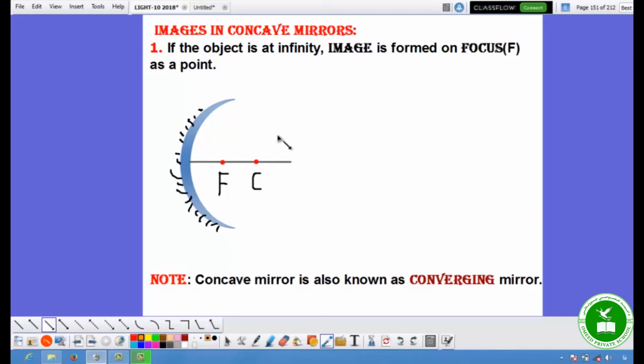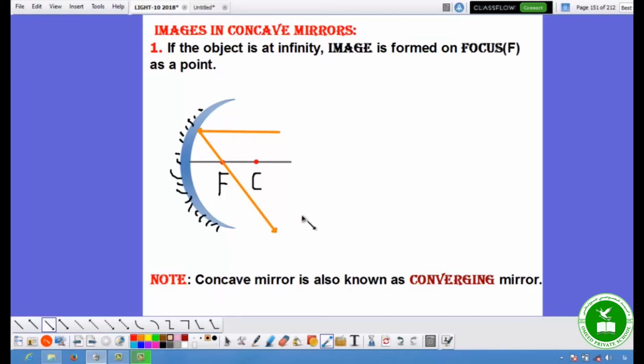If the incident ray is parallel to principal axis, then the reflected ray will pass through focus. Remember? Now this one will be reflected this way, and the reflected ray will pass through focus, as you see here.